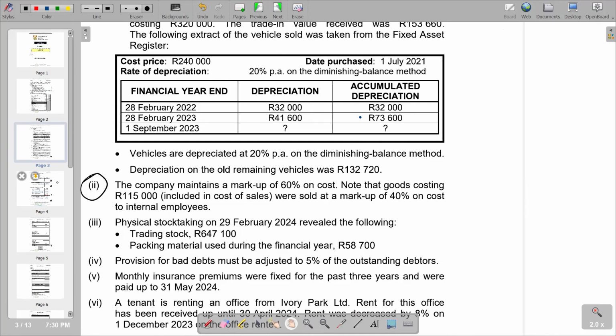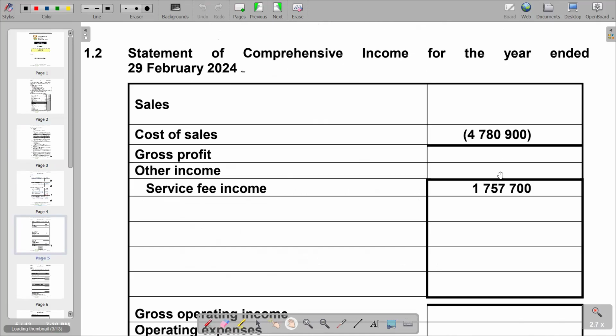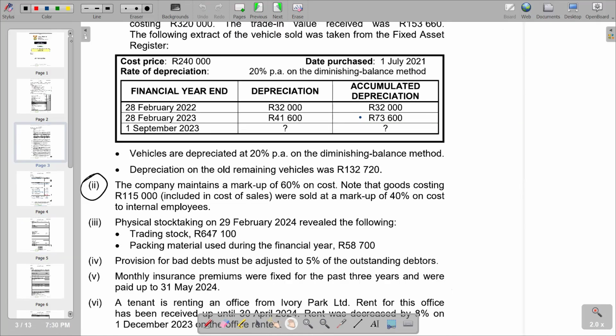So we'd see that the total of the cost of sales that we have is 4,780,900. That is the total cost of sales. So then we remove the cost of sales with a different markup, 115,000.